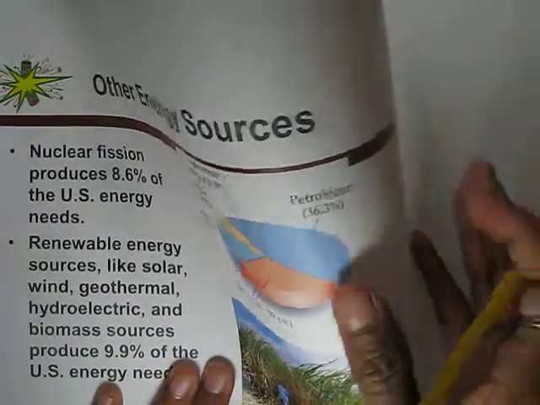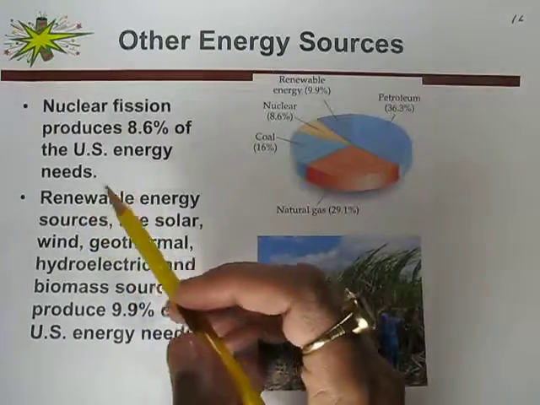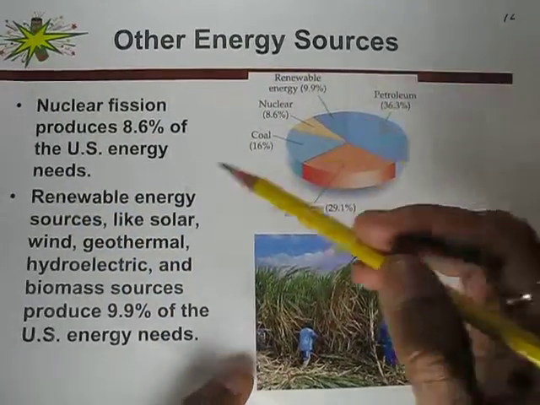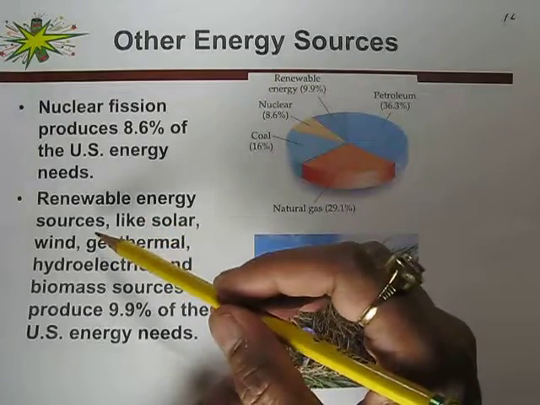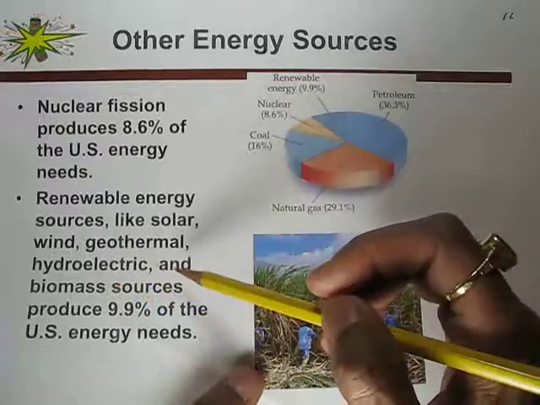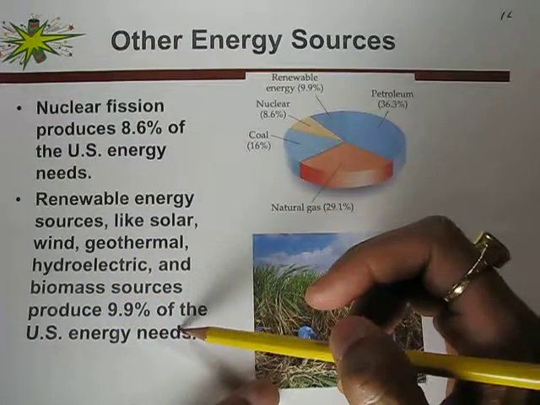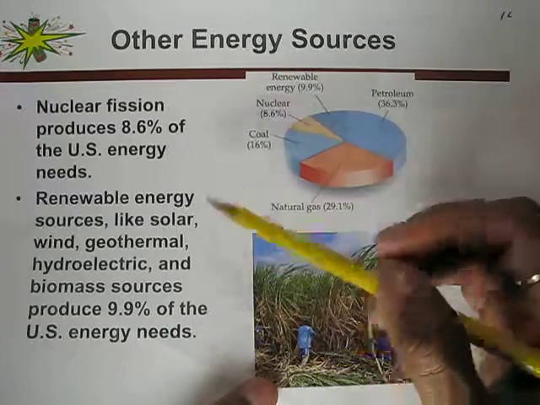So nuclear fission produces almost 8% of the energy need in the US, and renewable energy sources like solar energy, wind energy, geothermal, hydroelectric, and biomass produce almost 10% of the energy need.